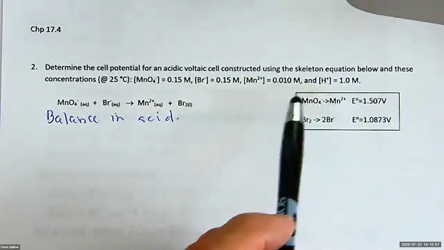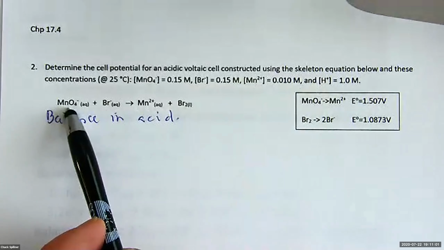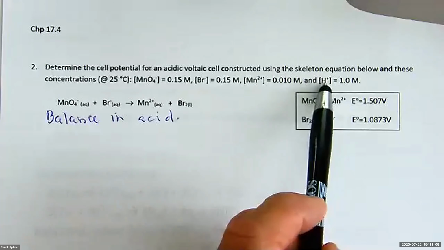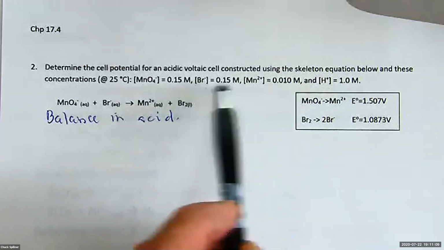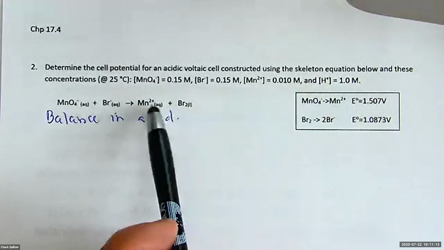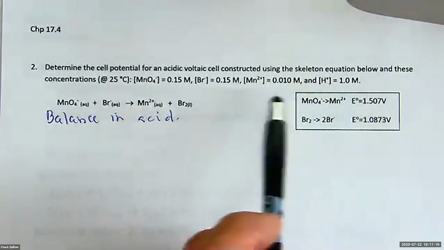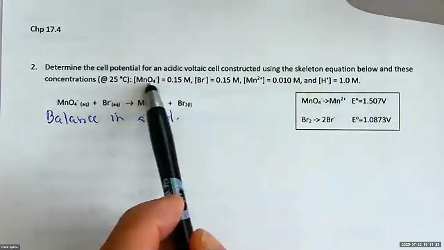The hydrogen ion, permanganate, and the bromide are all going to be on the reactant side, and in the numerator of your reaction quotient Q is going to be only manganese 2 plus, and then in the denominator you'll have hydrogen ion, bromide, and permanganate.